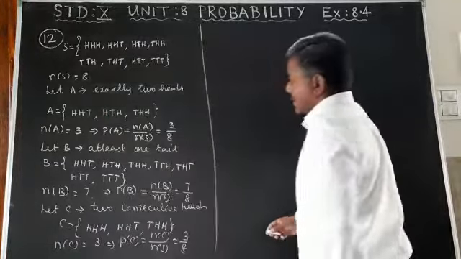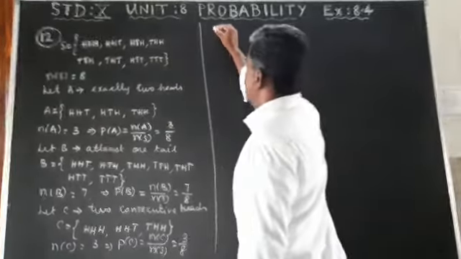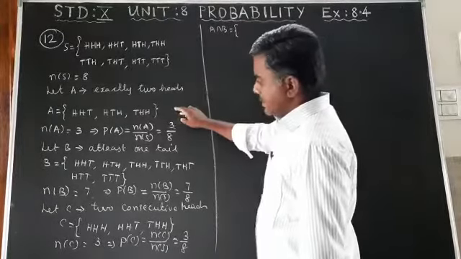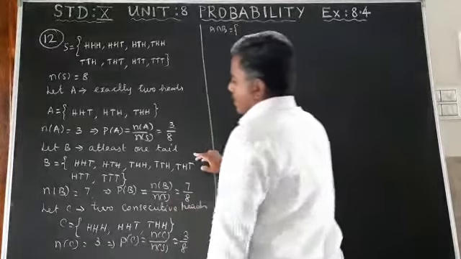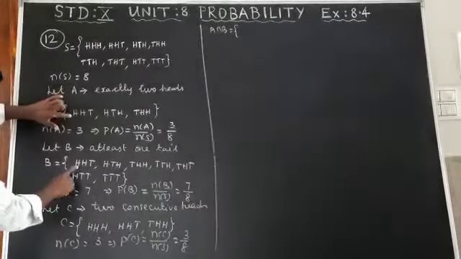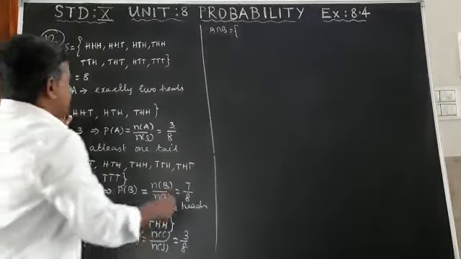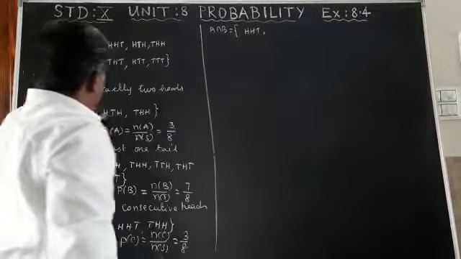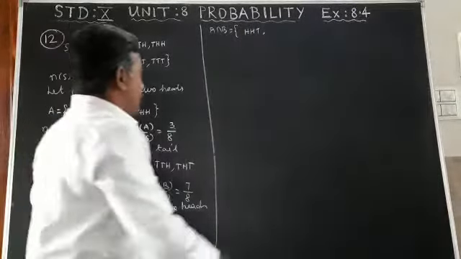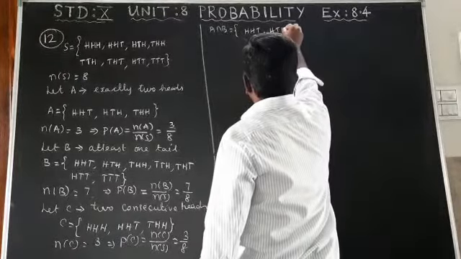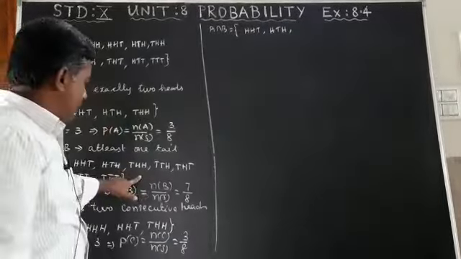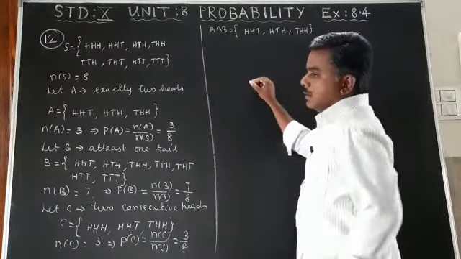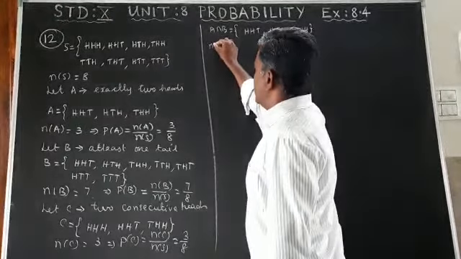Now let us find A intersection B, the common elements between A and B. HHT is common, then HTH is also common, and THH is also common. n of A intersection B is equal to 3.